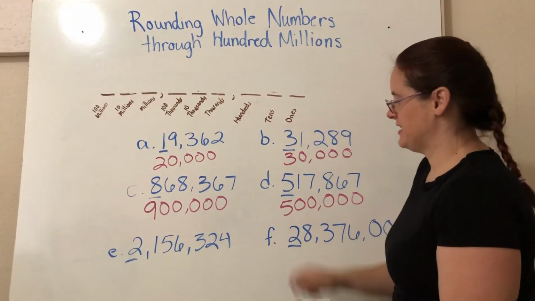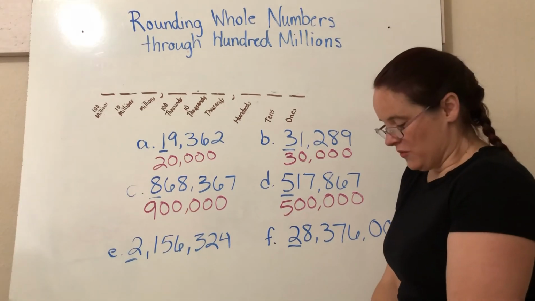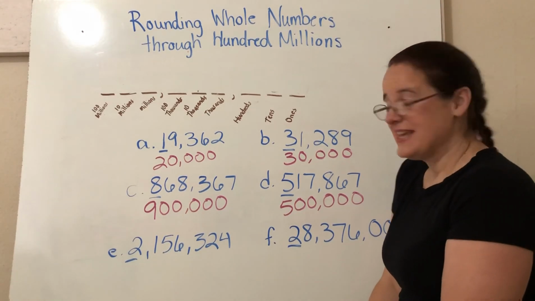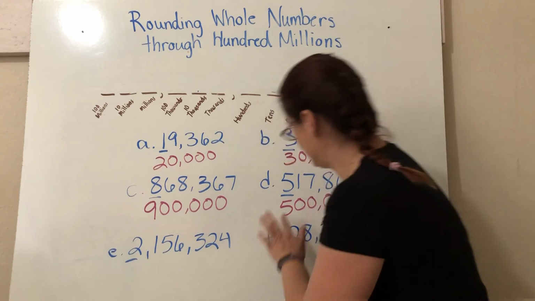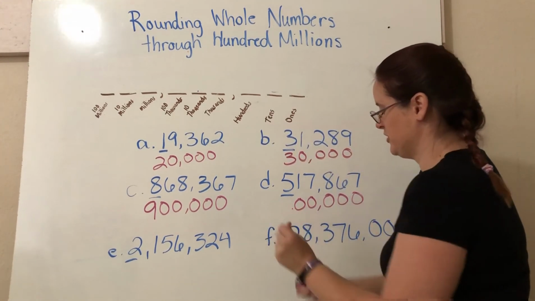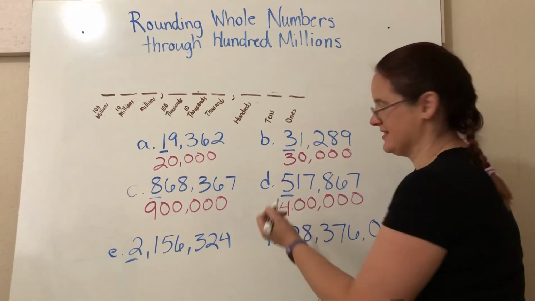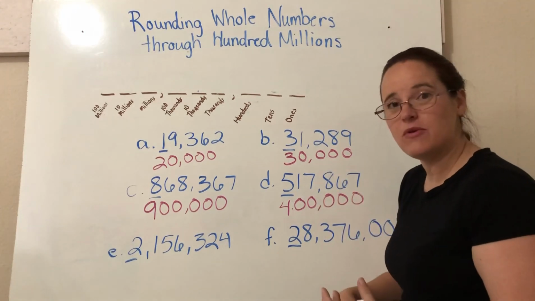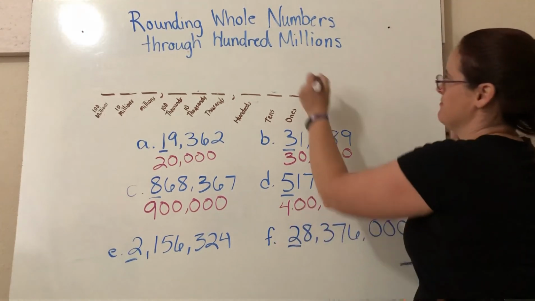Now I want to point something out. A lot of times we say we're rounding down and we change this number. Instead of a 5, some kids will put a 4 because they think I'm rounding down. I have to go lower. But think about a number line.